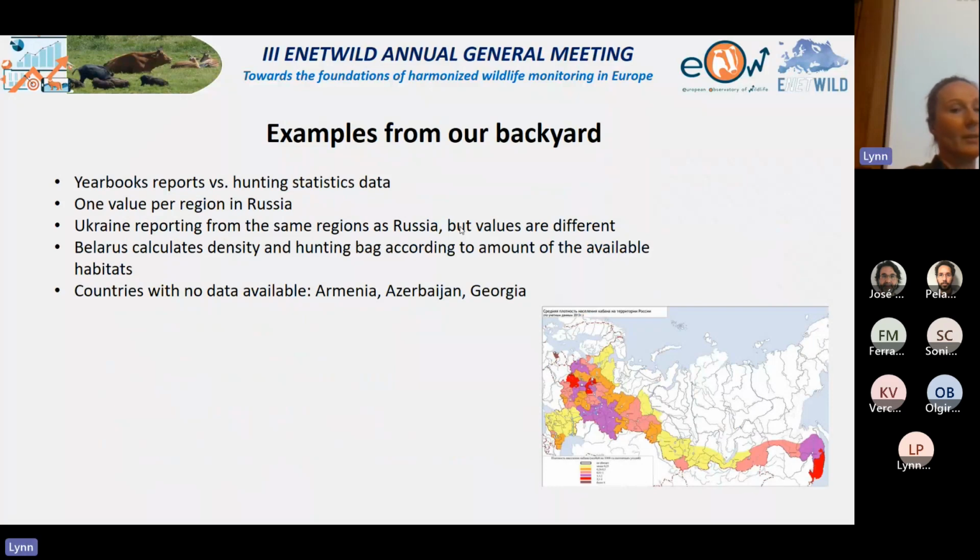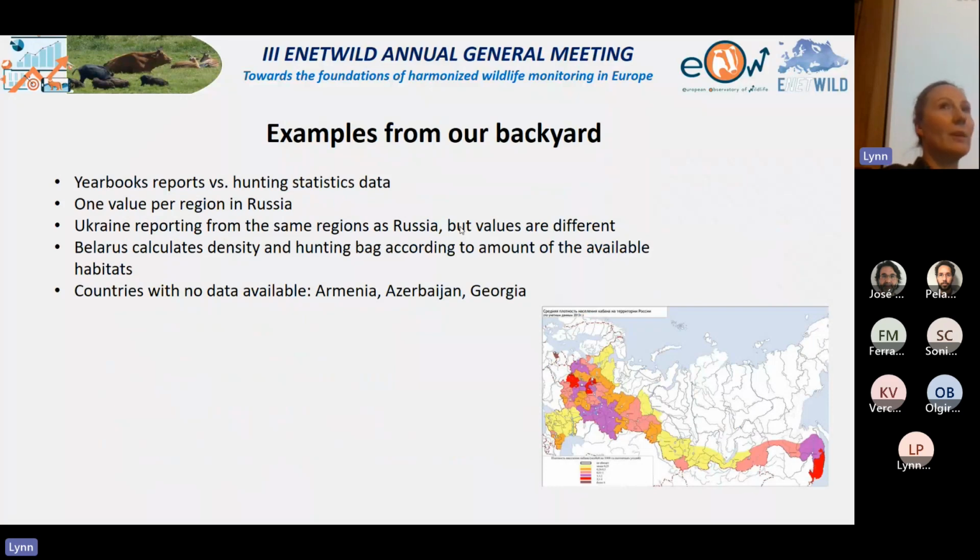We also have the lovely data from Belarus, where we were 100% sure that they were reporting hunting bags as densities, like 0.58 individuals per hectare. Okay, we decided to let it be. If they want to go from numbers into reported densities, then it's fine.